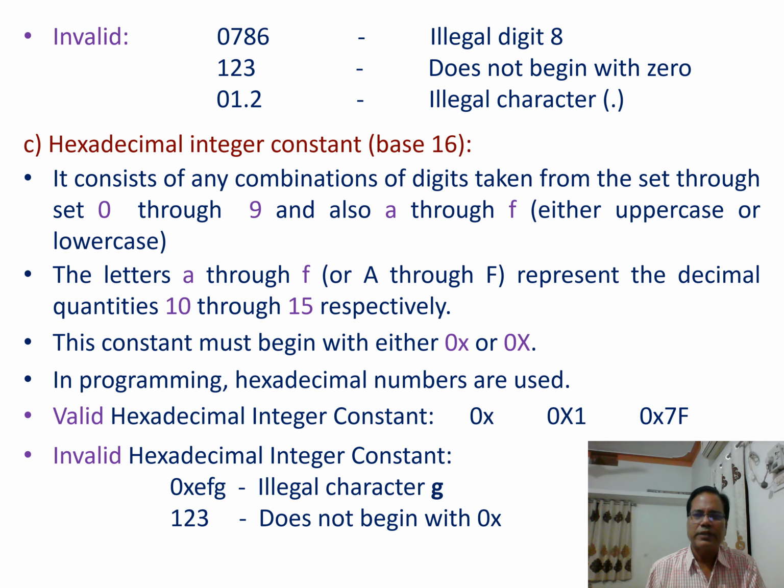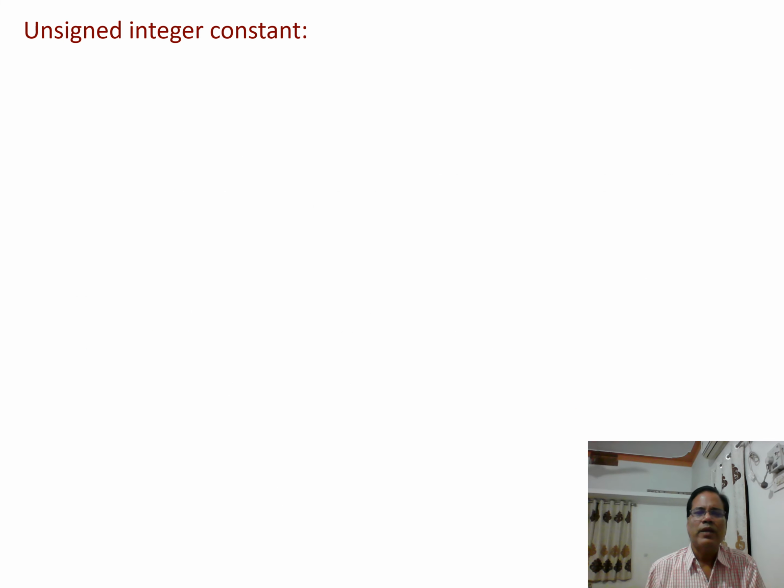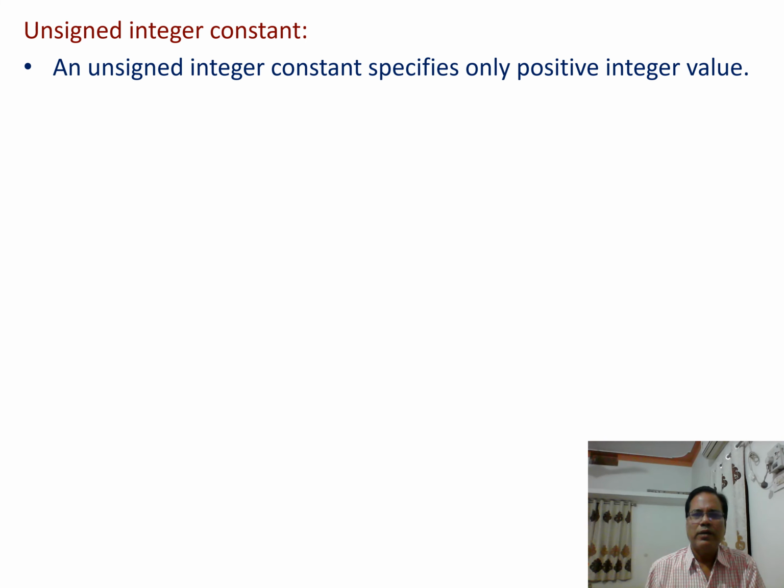In this hexadecimal constant, g is used, which is not a symbol used in hexadecimal numbers. Also 123 is an invalid hexadecimal constant because it doesn't begin with 0x. Now let us discuss unsigned integer constant. An unsigned integer constant specifies only the positive integer value.